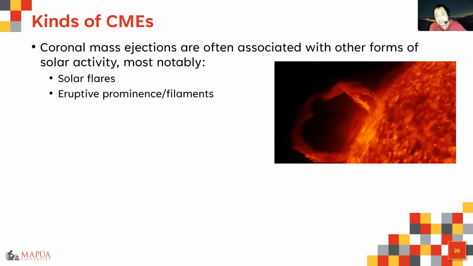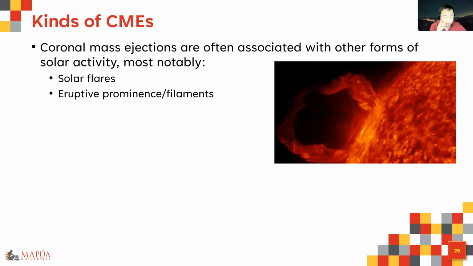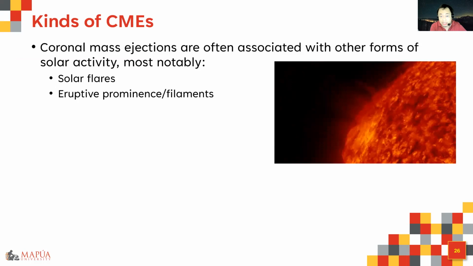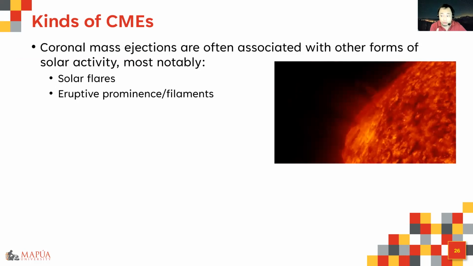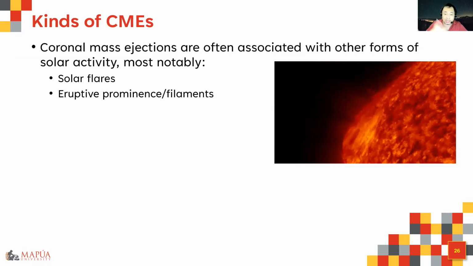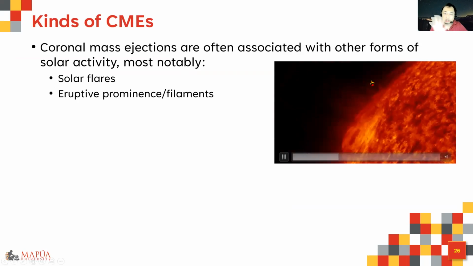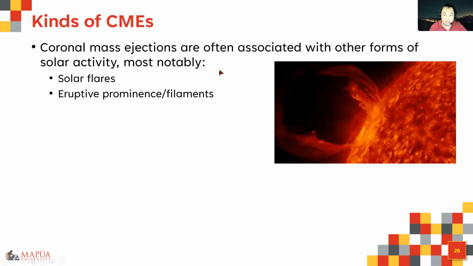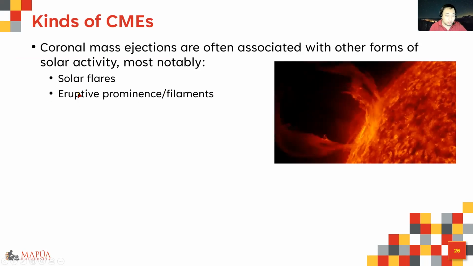Remember in our last class, filaments and prominences are basically the same thing. We're just observing them in different views. If we observe them at the limb side, we call them prominences, like this one. If we look at it on the surface side, at the main disk, we call them filaments. These are the two most common, by the way.